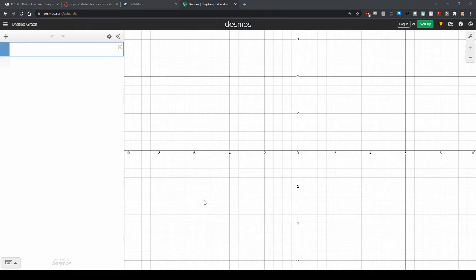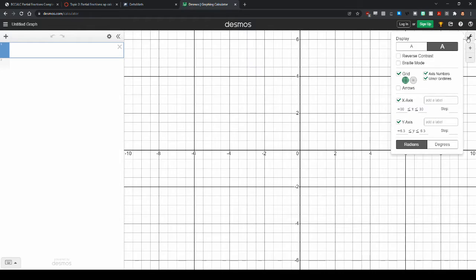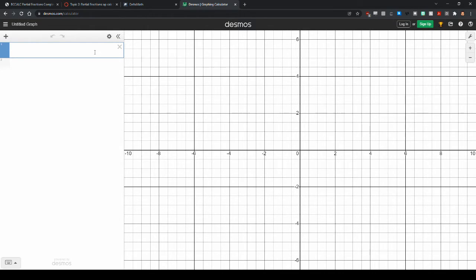All right, let's type in the function from our notebook. g of x, I'm sorry. So we're told g of x equals x squared plus 4x minus 5.